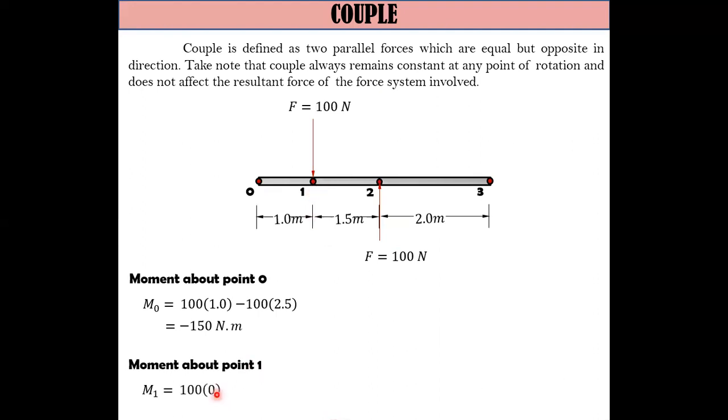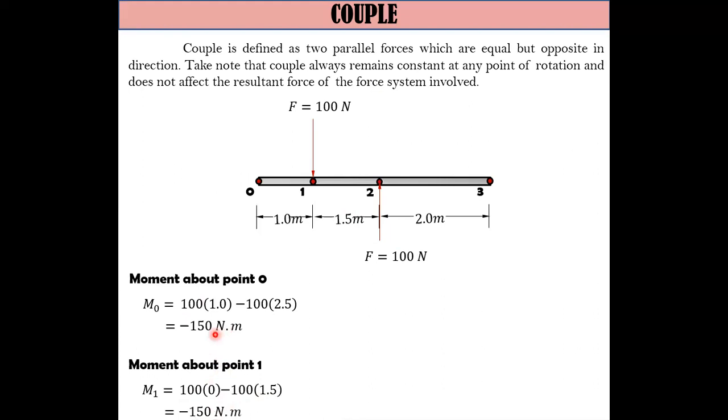So that is 0. Pero i-display pa rin natin dito sa calculation natin. And then the moment generated by the force on the right side is going to be counterclockwise, and the moment arm is 1.5. So that is equivalent to negative 100 multiplied by 1.5. So that is also equivalent to negative 150 Newton meter. So as you can see, hindi siya nagbago.